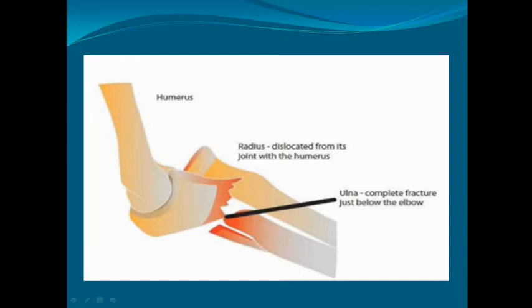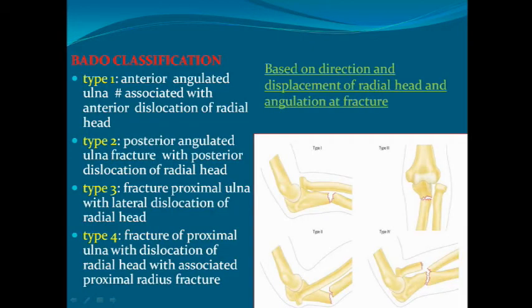Okay, so this is Monteggia fracture dislocation. So this is the classification I was talking about. It's very simple if you try to understand. So we have 4 types here. So what happens in type 1?